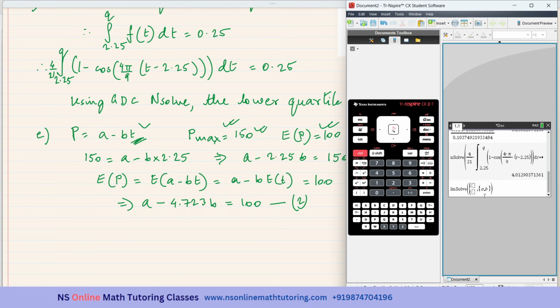See, the variables have been taken as a and b, and we will be entering the two equations. The first equation is a minus 2.25b is equal to 150, and the second one is a minus 4.723b equal to 100.